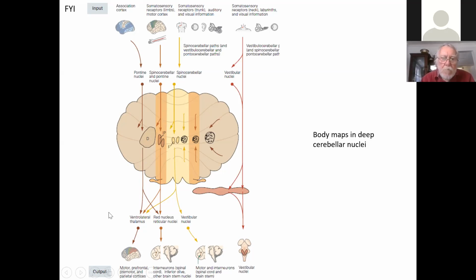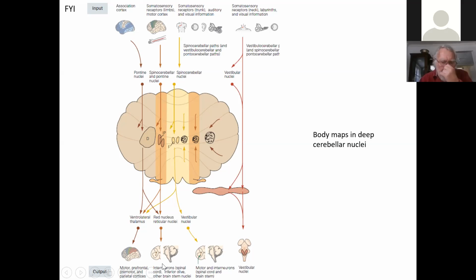Where did I lose it? Is my pointer right down there? Okay. Then we also get inputs of somatosensory receptors on limbs and motor cortex. So here we're getting proprioceptive types of feedback. They are coming in through the spinocerebellar and pontine nuclei, and they go to the red nucleus, which forms the rubrospinal tract, and the reticular nuclei that form the reticulospinal tract.